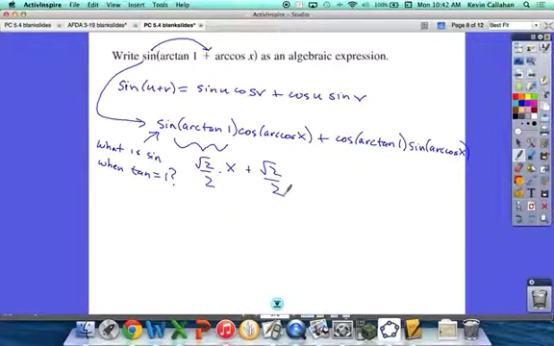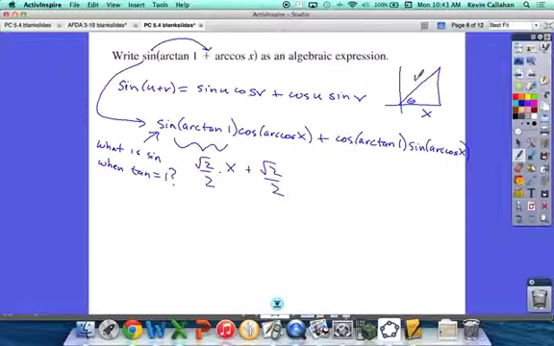And then the sine of the arc cosine of x. That one we'll have to do just a little bit of work for. If the cosine is x, and here's our angle right there, then the cosine is x, adjacent over hypotenuse, x over 1.